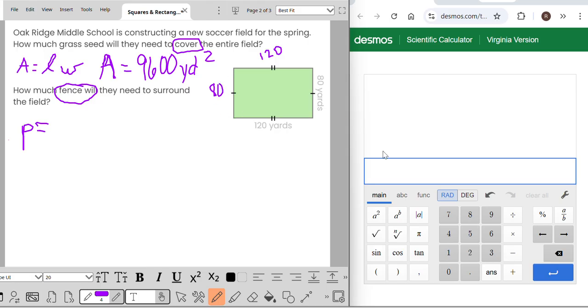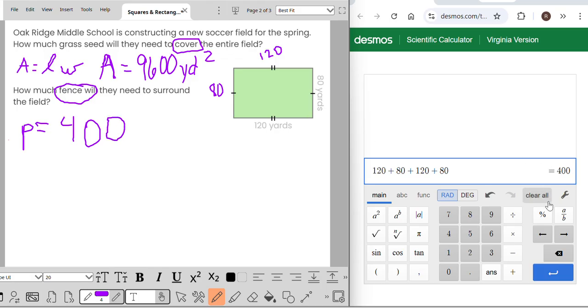Okay, so let me look here. I've got 120 plus 80 plus 120 plus 80. And that gives me a perimeter of 400.